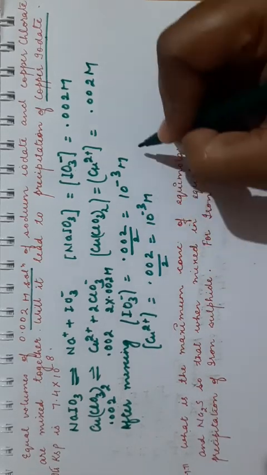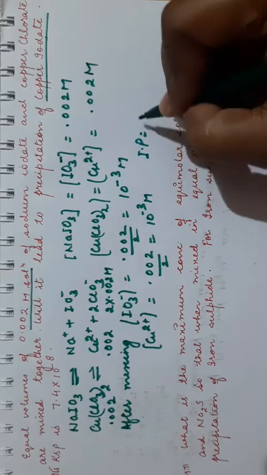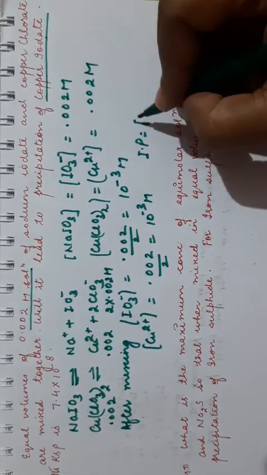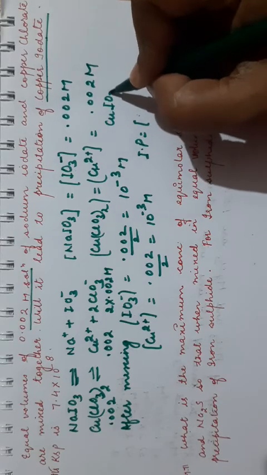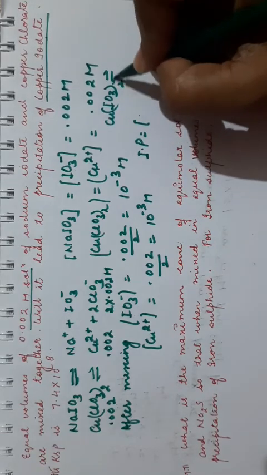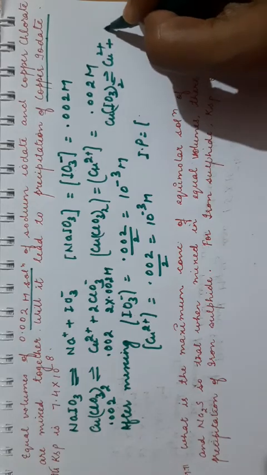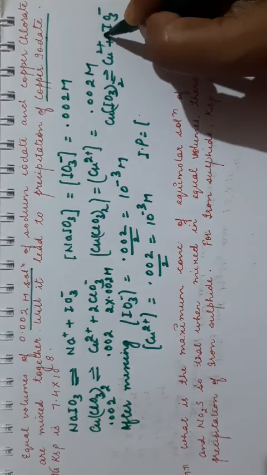Ionic product: copper iodate can be written as Cu(IO3)2. So it will give Cu2 plus and IO3 minus twice.